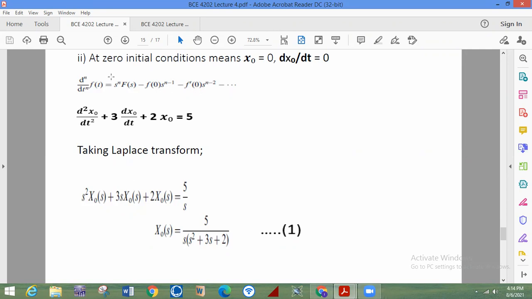We only apply this term in all the 3 terms of a differential equation. Again, you do a Laplace transform of 5, which will be 5 times 1 over s, which becomes 5 over s. So you do rearrangement and you come to this equation, and we have called this one equation 1.